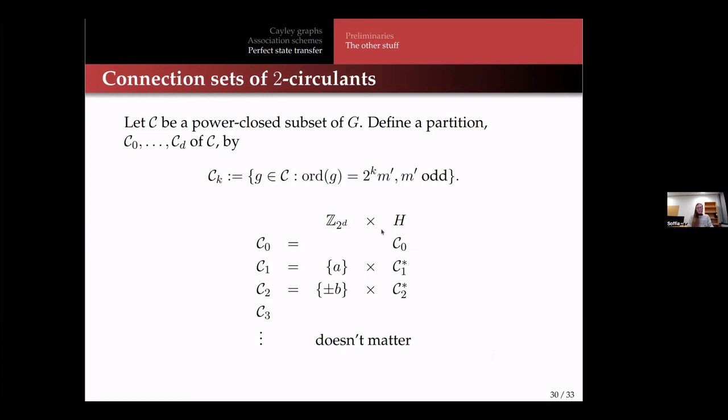We see that C0 cannot contain 0, because then 0 is contained in C, which we don't want in general for a Cayley graph. But 0 could be contained in either of those. Aside from that fact, just to spoil what's on the next slide, the punchline here is basically that to get PST, we need all of those sets basically to be the same set.